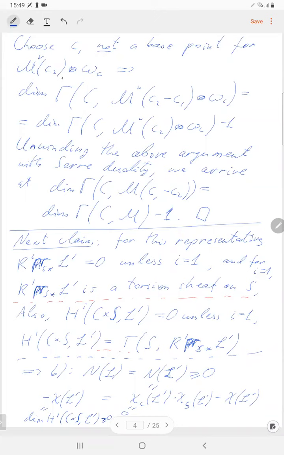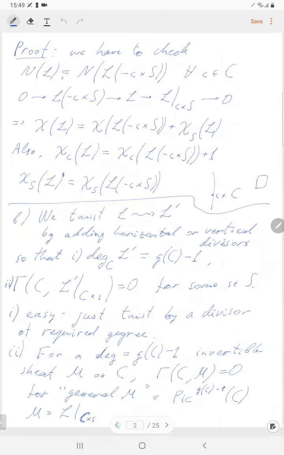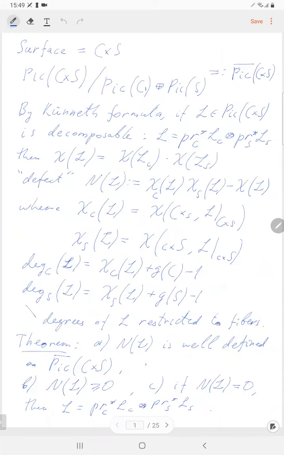So there we are. In particular, part B is proved. Here is part B, that our defect form is never negative, but now we want to prove that it's positive. So if it is 0, then our invertible sheaf splits as a tensor product of two sheaves lifted from the factors.